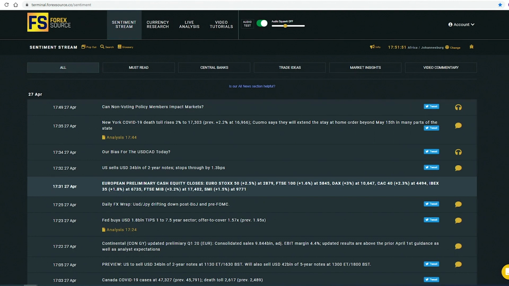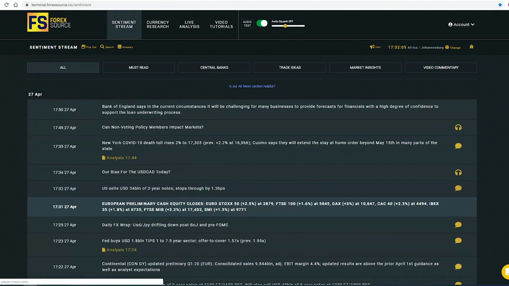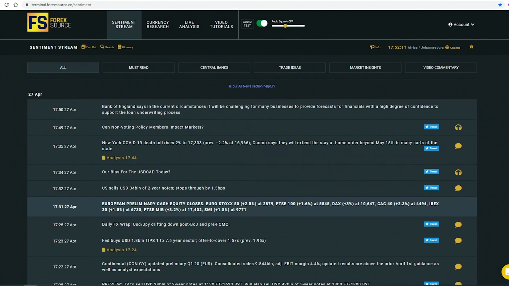Now, obviously, that is just an example of what can happen, but there are real benefits to doing that additional research. So the type of things that you want to look at in articles, especially if you read something like a Bloomberg article, for example: always make sure that what you're reading has relevance to the specific currency or instrument that you want to trade. So let's say it's about the euro, for example, make sure it's about the euro.